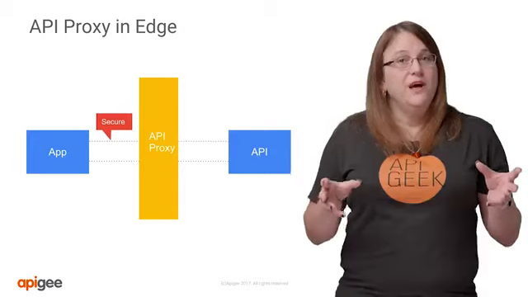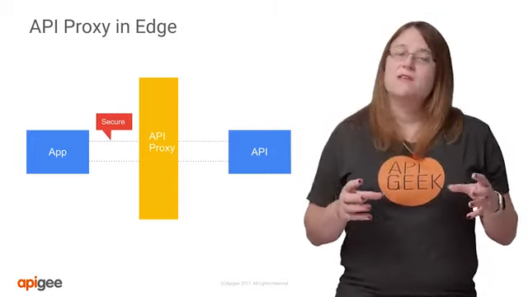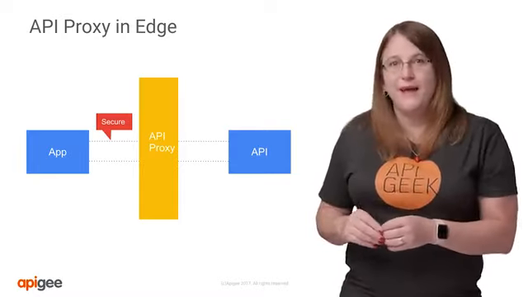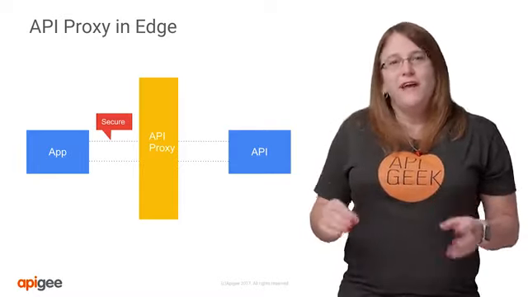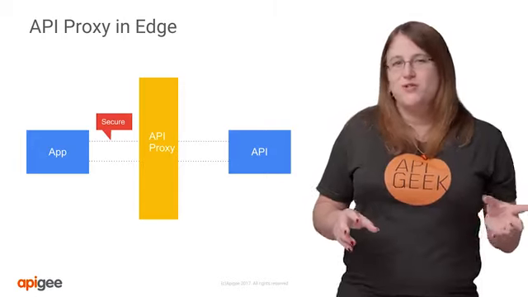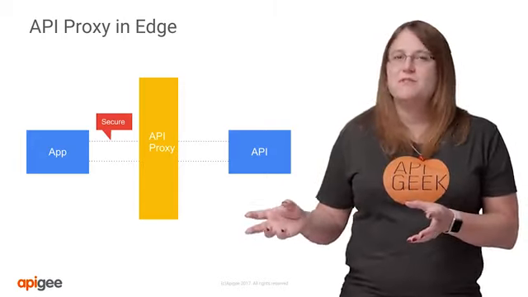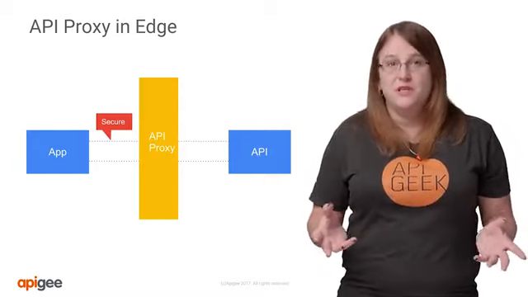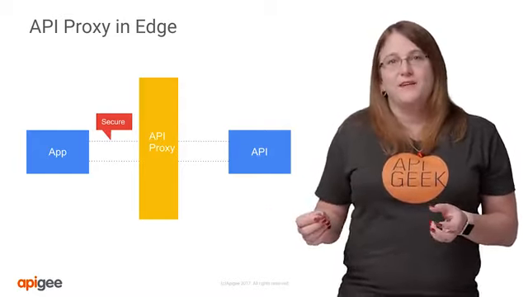Now, on Apigee, a proxy is something that acts as a substitute for your real APIs. We might call these your backend. Instead of internet-connected clients and applications talking directly to your backend systems and sensitive APIs, they connect to an API proxy that then connects to your backend.